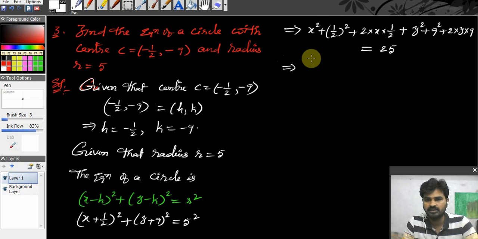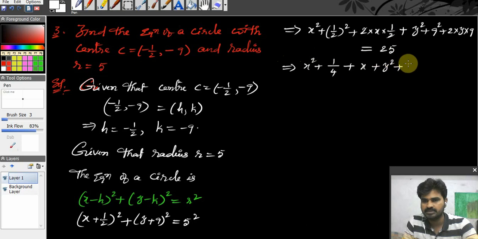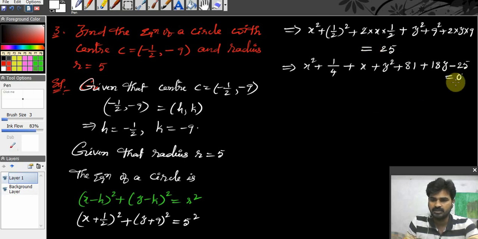Next, here x square plus 1 by 2 whole square means 1 square is 1, 2 square is 4, plus here you can cancel. How much will you get? x into 1, x, plus y square plus 81 plus 18y. So bring 25 from right to left, you will get minus 25. Afterwards, don't forget to write the is equal to 0. This is important here.